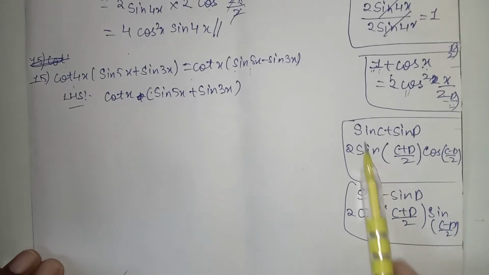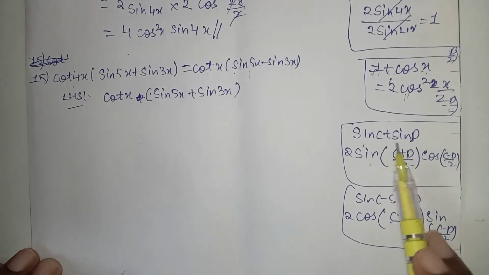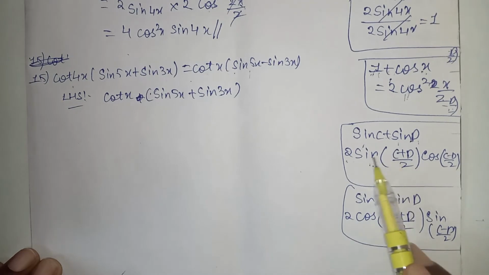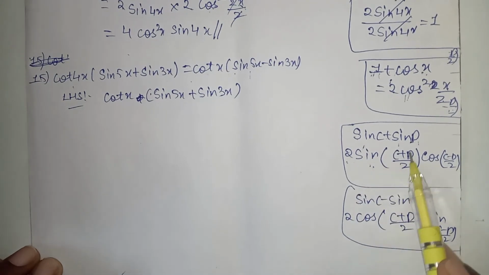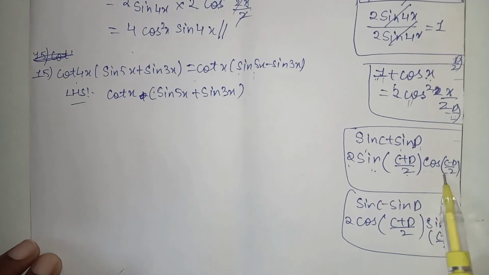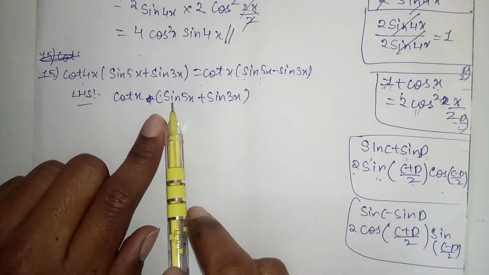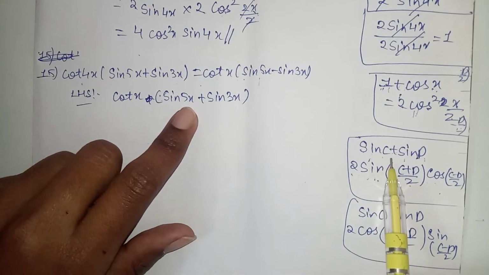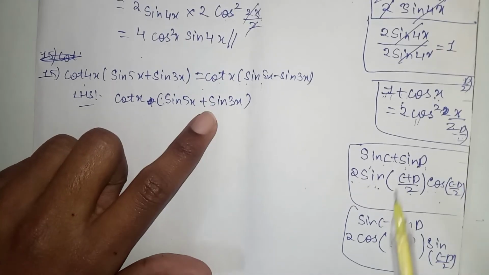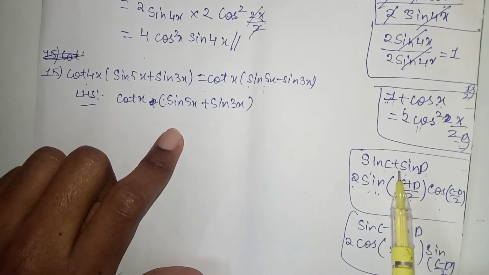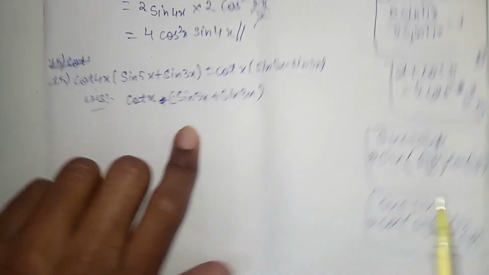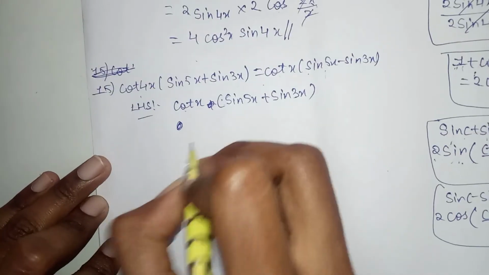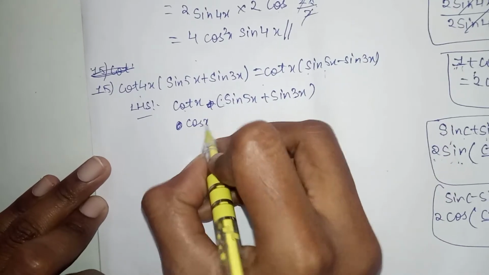As I've said, sin c plus sin d is 2 sin of c plus d by 2 into cos of c minus d by 2. Same form: sin is there, c is 5x, plus sin d is 3x, so we have to apply this formula. Just keep the cot x like this only. Cot x means cos x by sin x.